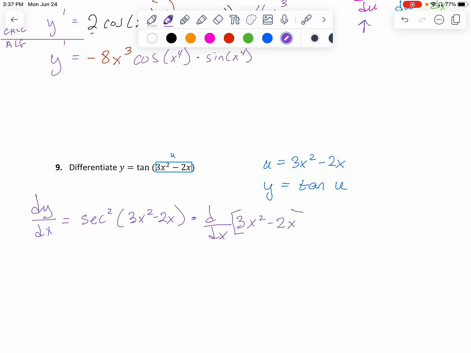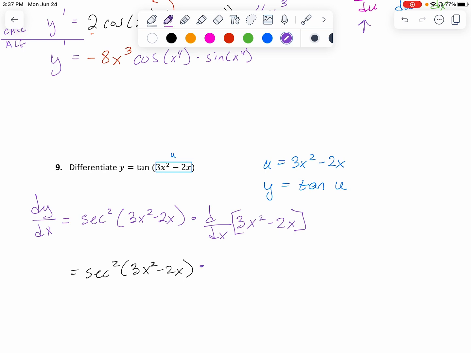This time I had to put a bracket around the derivative because I got a binomial and I want to make sure I take the derivative of the whole thing. So the first term is already done, the secant squared. There's no more calculus left to be done there. I might try to simplify it at the end, but I'm done doing calculus there.